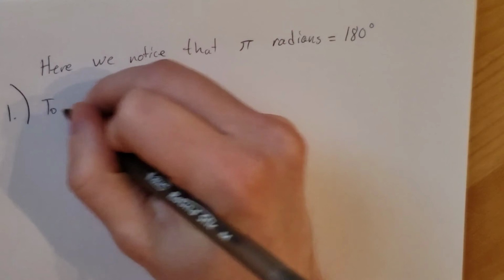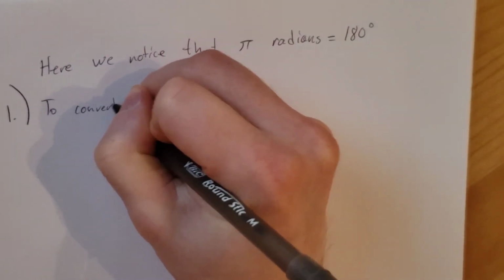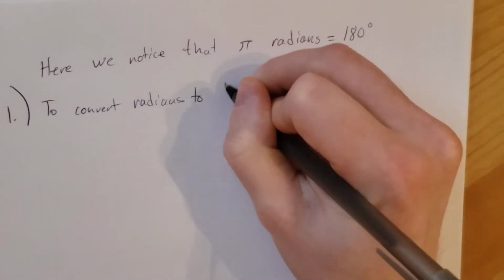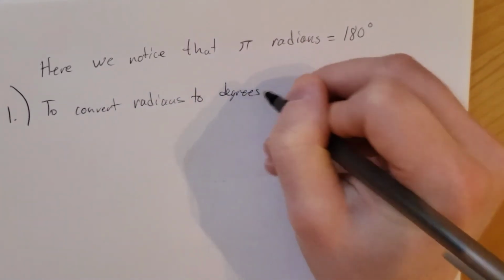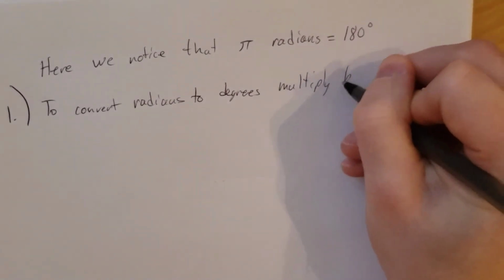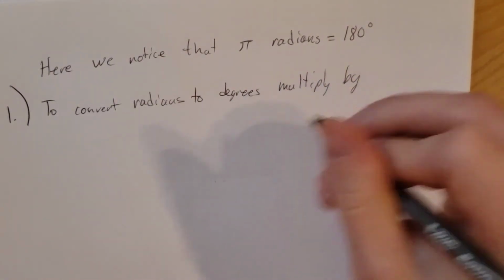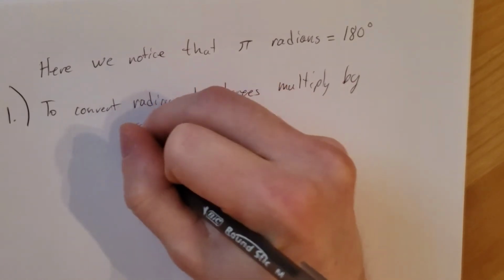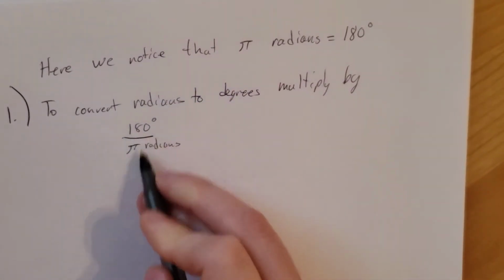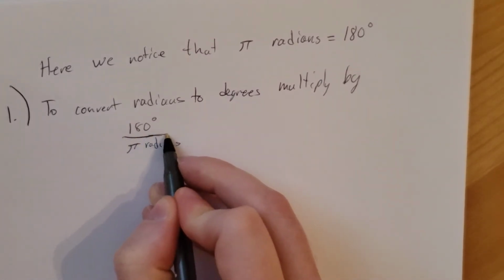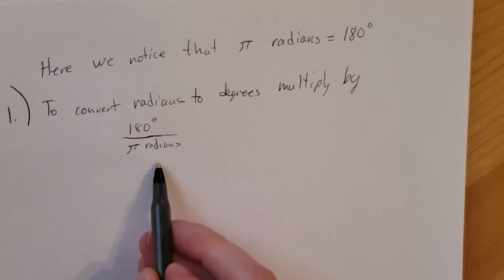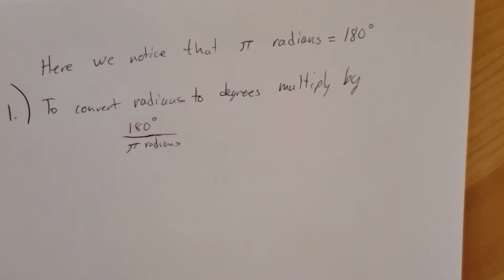So to convert radians to degrees, multiply by 180 degrees divided by pi radians. These two things are equivalent. So we divide by pi radians and we multiply by 180 degrees.